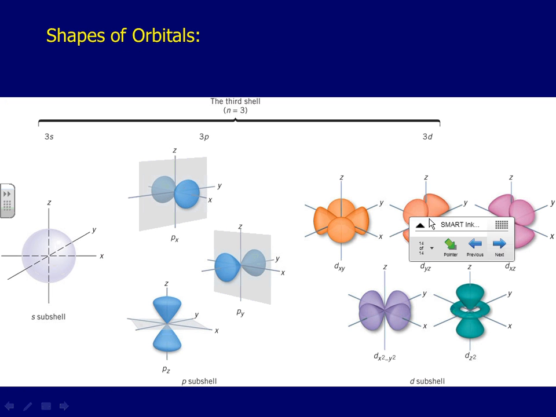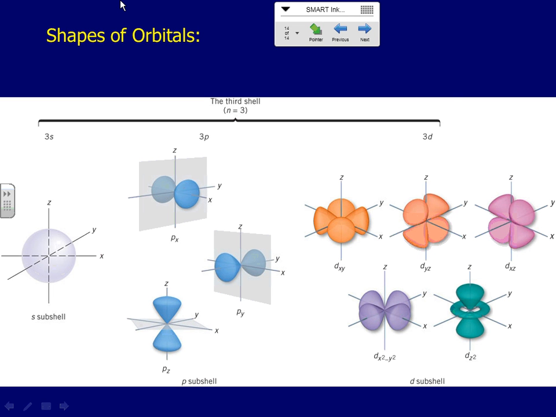I don't have a picture representing this, but if I've got something like zinc, zinc has to use the s, the p, and the d orbitals.